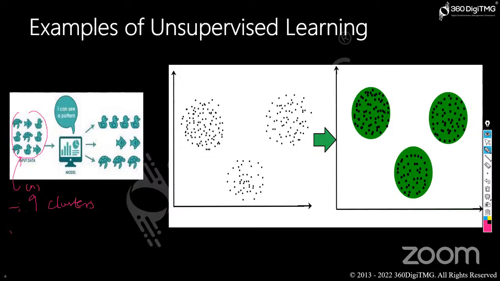Then we try to measure the distances pairwise. Once these pairwise distances are calculated, then we will merge the shortest pair.